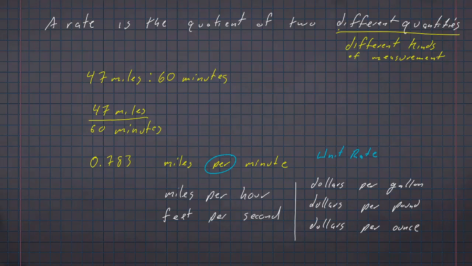If you spend a little bit of time thinking about it, I'm sure that you will be able to come up with dozens of other places in your everyday life where you talk about something and you have a unit given with the word per in it. Anytime you have that, you're talking about a unit rate.